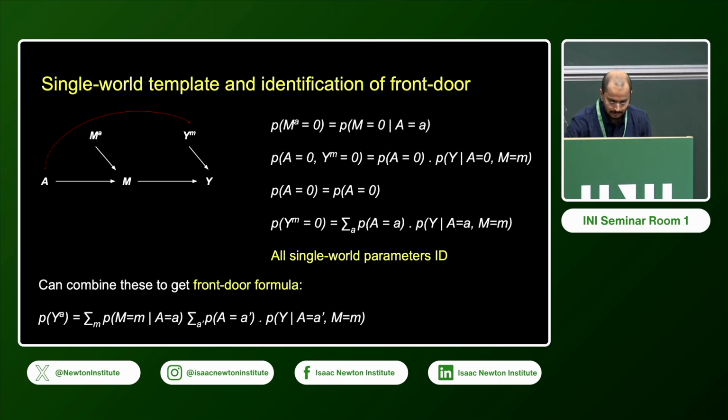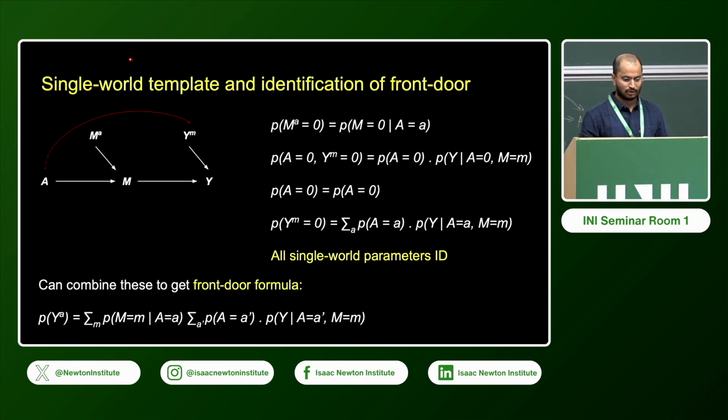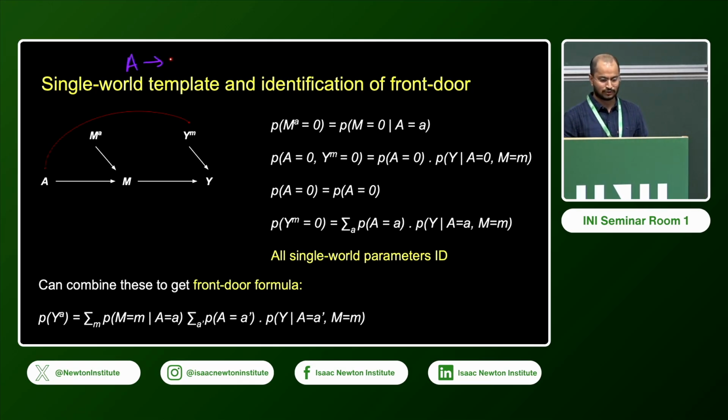Now, putting all of these together, this is when I tell you a little bit about the nested Markov factorization. So just recall what the front door model looks like. There's a bidirected edge there.